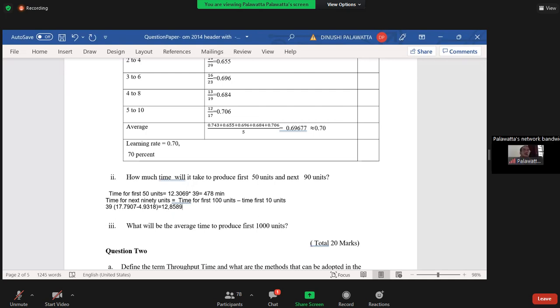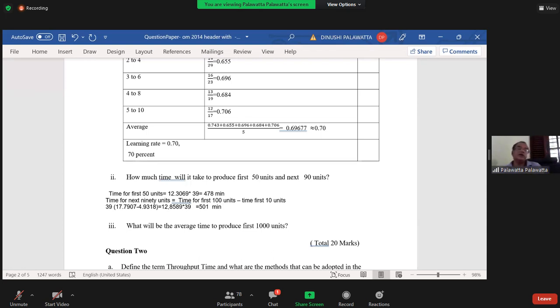So multiply this by 39. 12.8589 multiplied by 39, you get 501.49, approximately 501 minutes. Okay, so this is the answer.